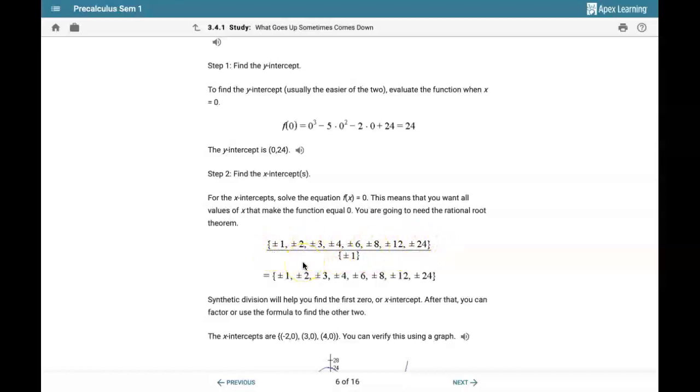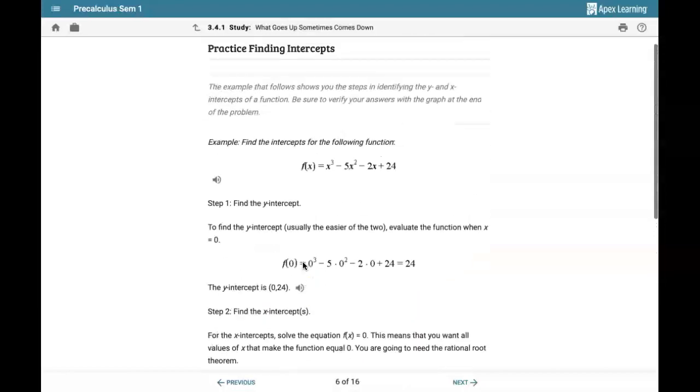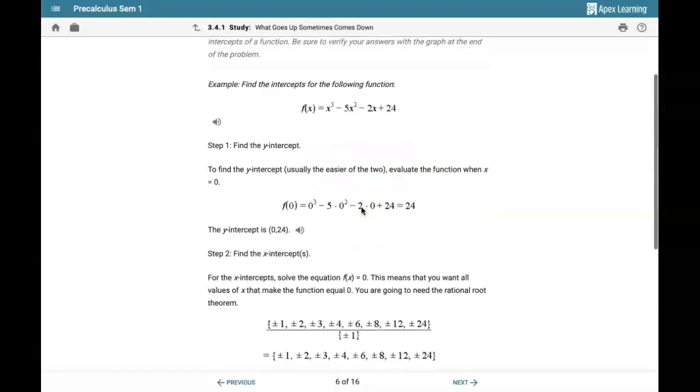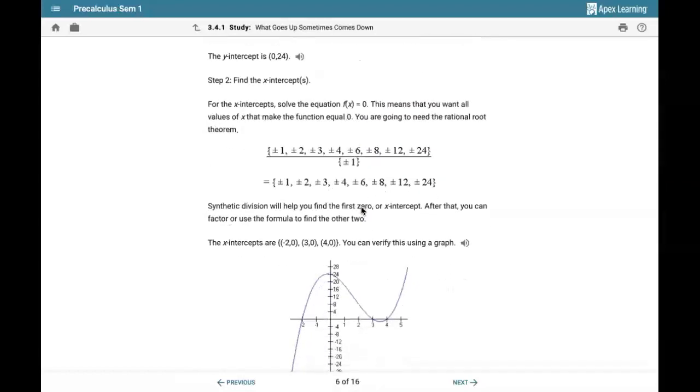And if we don't have 2 positive roots, we plug in negative x everywhere, and then you do the exact same thing to figure out if you're going to have some negative roots. But once you find one of them, potentially using synthetic division, you find an x-intercept. If it's a polynomial or a linear that you're more comfortable with, you can then find the rest of the roots, whether they are real or imaginary.